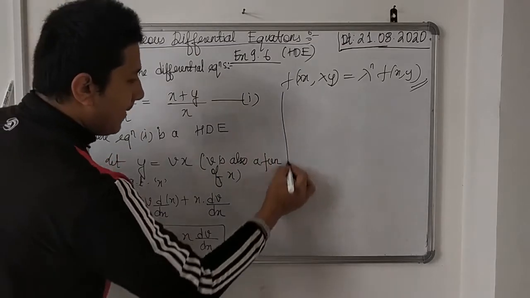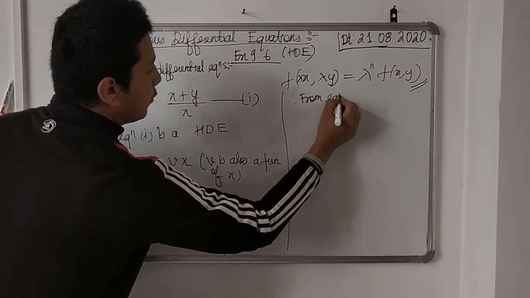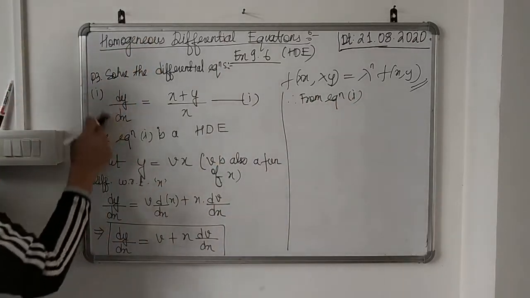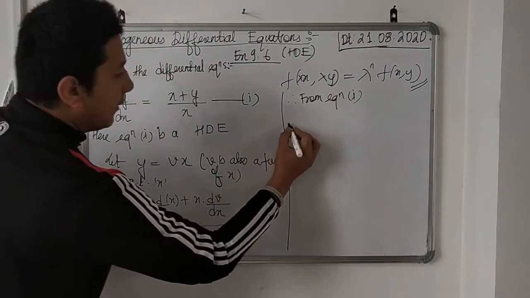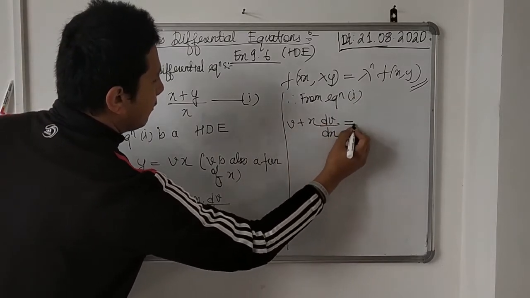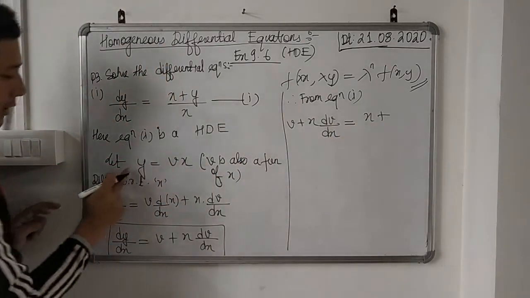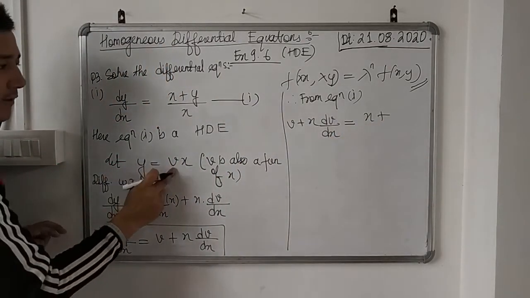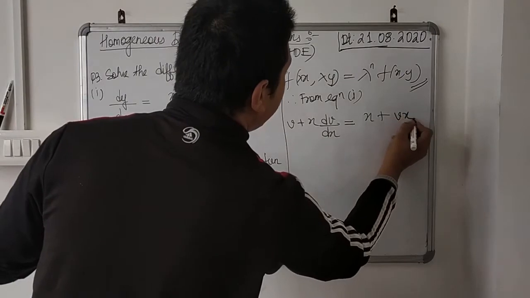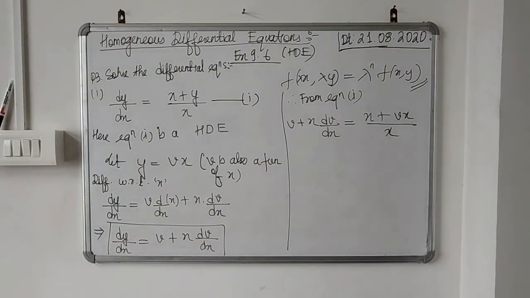Therefore, from equation 1, what is the value for dy by dx? v plus x dv by dx, which is equal to x, keep it as x, plus, according to the assumption, what is the value for y? Vx. So this is Vx and then divided by x. I hope you all are understanding this.